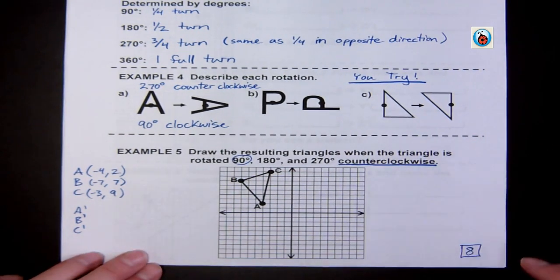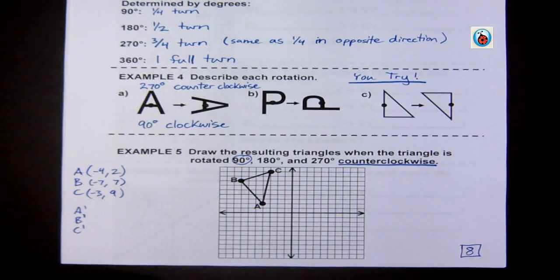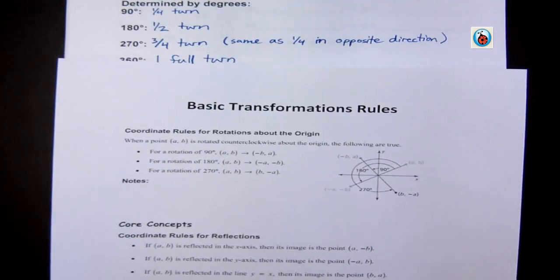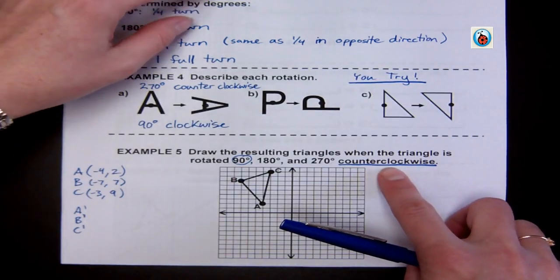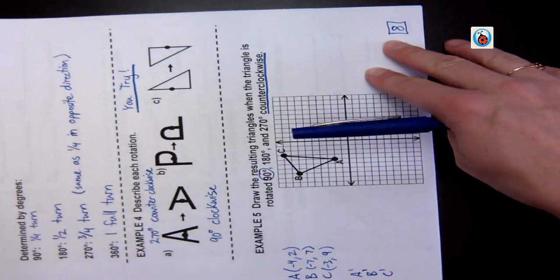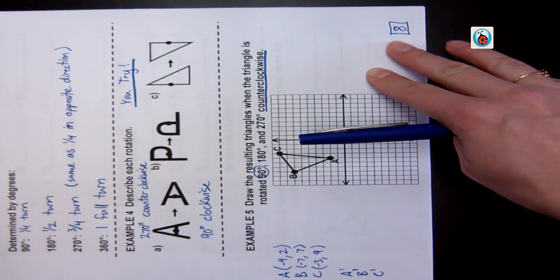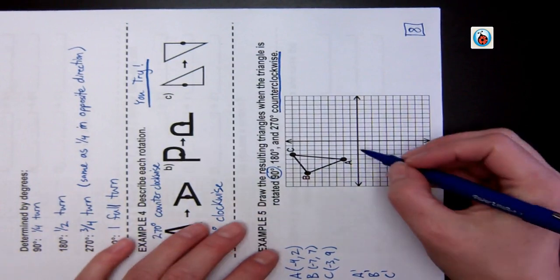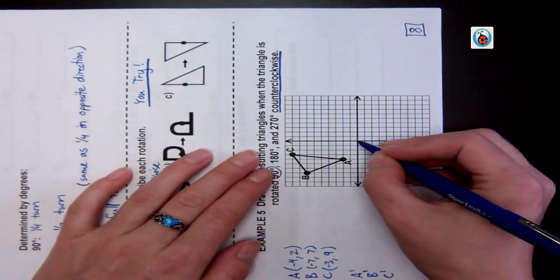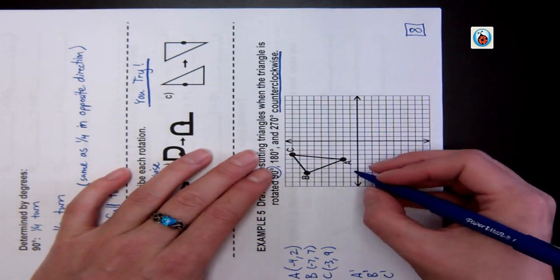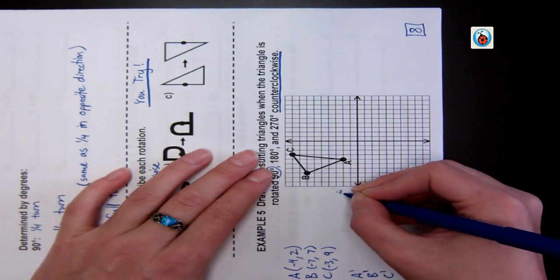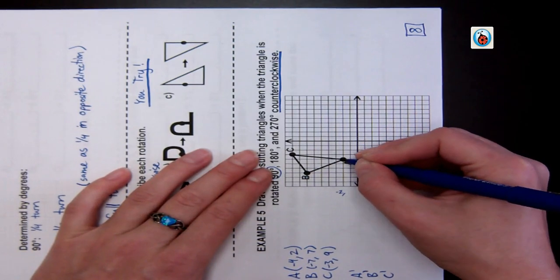And so I can either look at my rotations cheat sheet and figure out the points like that and graph it, or a lot of people like simply turning the paper. So I turn it 90 degrees counterclockwise, which means I turn it this way. And I label as if my paper had not been turned. So now if I'm finding A, well, A is -2 and -4.